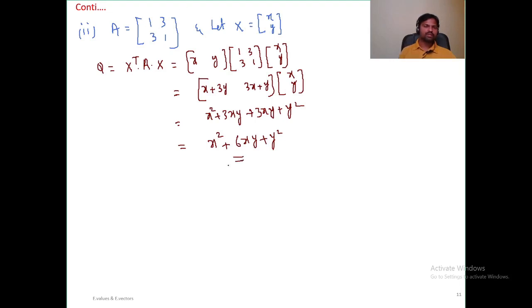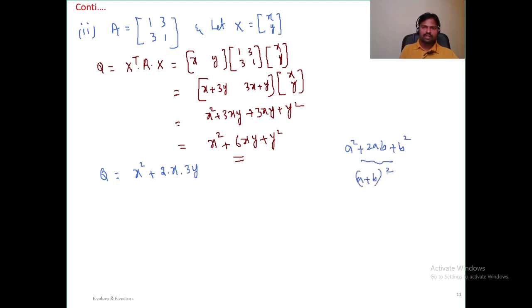So this is a quadratic expression. Now we have to investigate the sign of this one. Q, I can write as x square plus 2 into x into 3y, which is 6xy. It is like a square plus 2ab plus b square, which I can write as a plus b whole square.